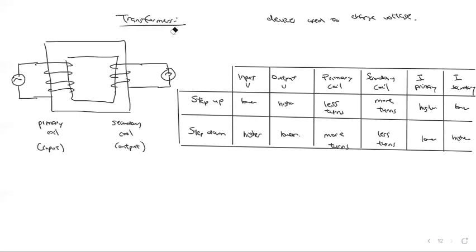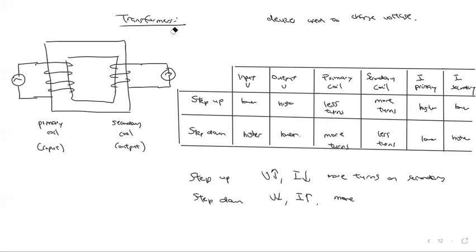Perhaps more simply, step up transformer: voltage goes up, current goes down, more turns on secondary. Step down: voltage goes down, current goes up, more turns on primary.